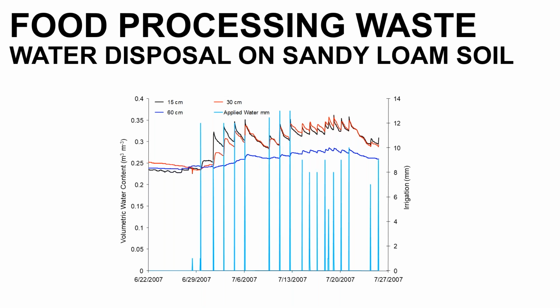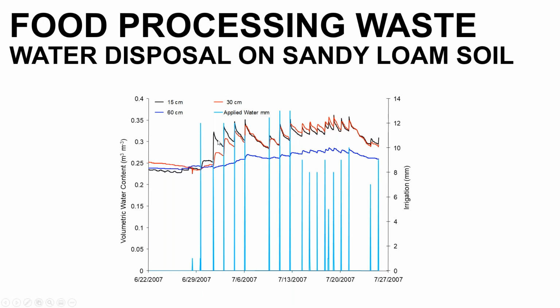Now this is a pre-ZENTRA graph of water content variations over time in a field. It's useful for making a couple of irrigation management observations. The point of irrigation here was the disposal of food processing waste. So they were applying a lot of water on this sandy loam soil. Each water application shows an immediate spike in the water content at the shallowest depth, the blue line that you see here.